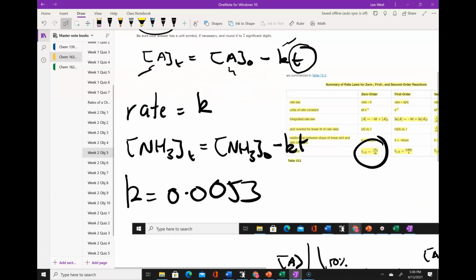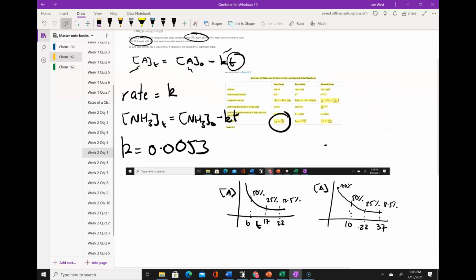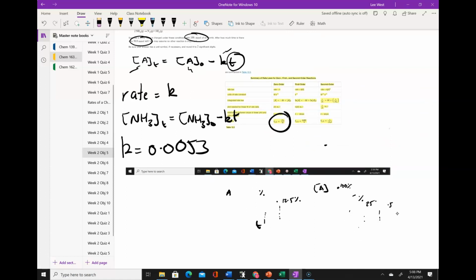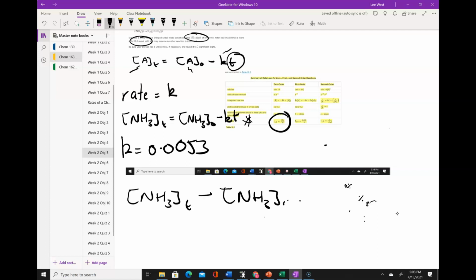So I've got to reorganize this to solve for t. That's what this is all about, right? I've got to solve for how long it's going to take to get to that concentration. So let's reorganize this expression. The concentration of ammonia at time t, and then the first thing I'm going to do is subtract the original concentration of ammonia.